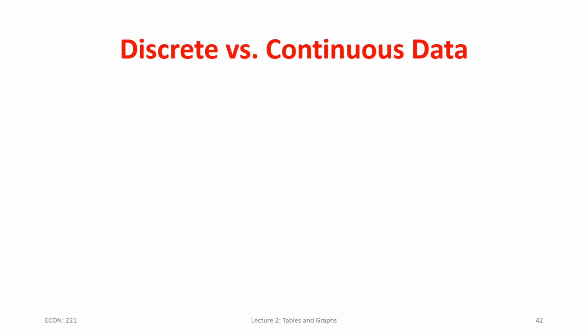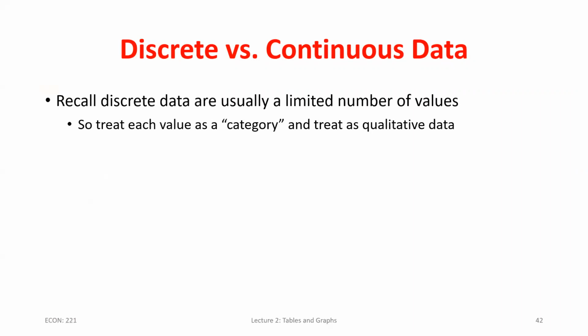Well, what if we wanted to do quantitative? Well, if it's discrete, it's really just like what we were doing before. So instead of the cause of death, maybe it's something like what's the frequency for the number of households that have 0 kids? And what's the frequency for households that have 1 kid, 2 kids, and so on and so forth? Well, then I just look at the data set, count up the number of households that have 0 kids, write that frequency down, go through the data set again, count the number of households with 1 kid, write that number down, do that for every single possible number of kids.